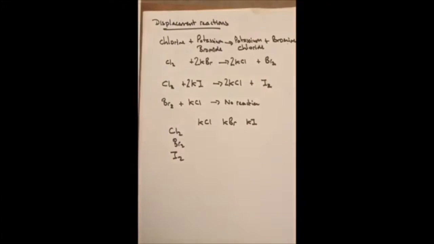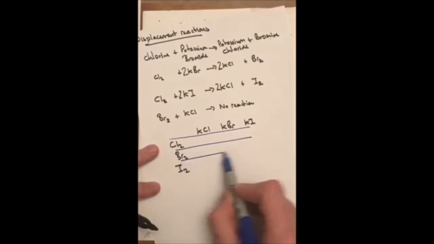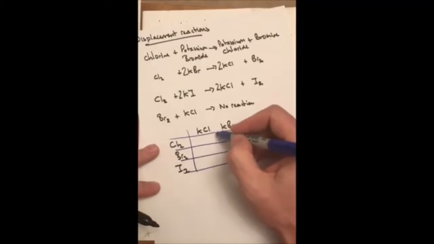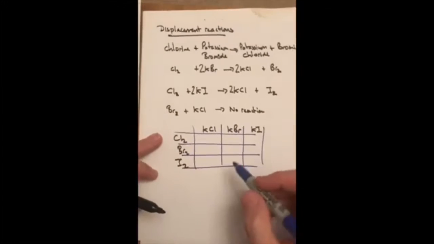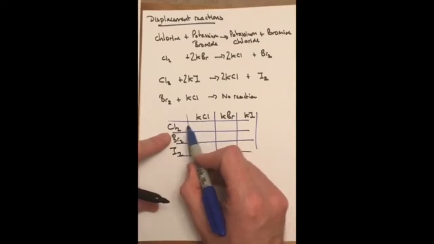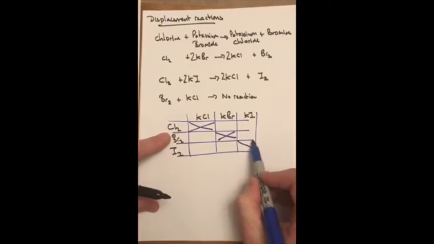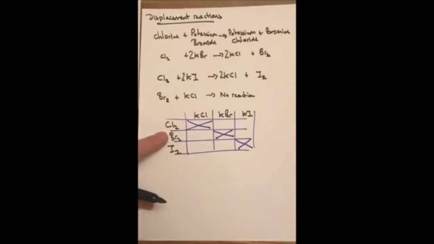If we just turn it into a little table, it will help us to see visually what's going on. So there we are. We always start this table with crosses in, because we don't need to react these two together, they're the same. So we would start it like this with those already in place.